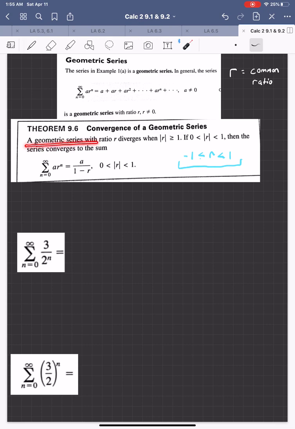So a geometric series with a common ratio R diverges when the absolute value of R is greater than or equal to 1. So look, if it's past 1 or below -1, we get to make a statement that that series diverges. If R is between -1 and +1, then the series converges to the sum.